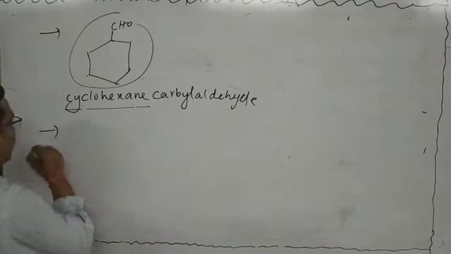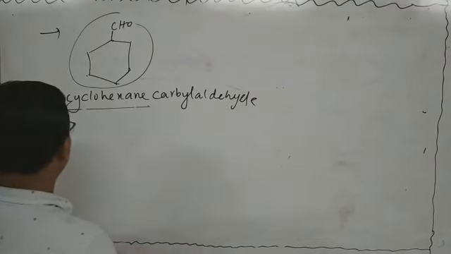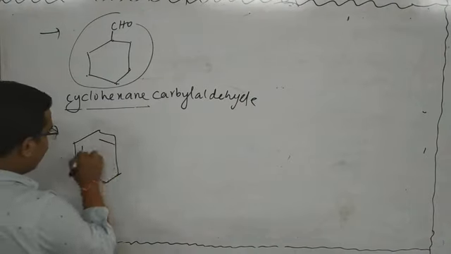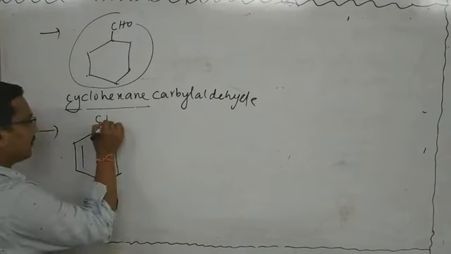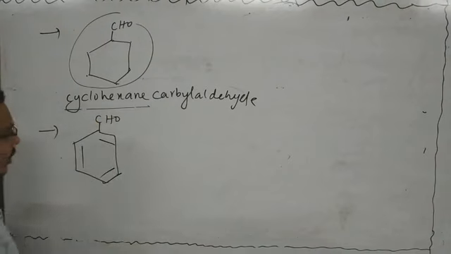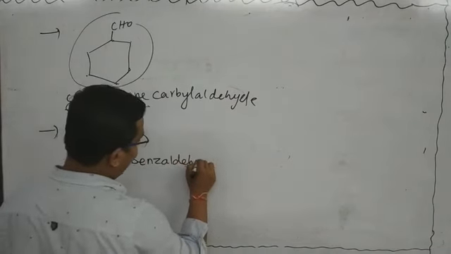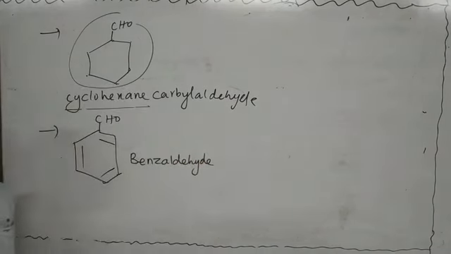Suppose you think about the aromatic aldehydes, take an aromatic compound, that is benzene. Suppose CHO is present, this is an aromatic aldehyde compound, and the name of this compound is benzaldehyde.